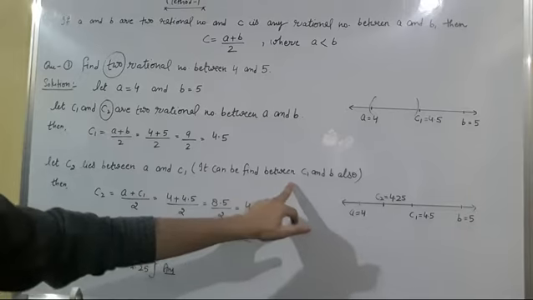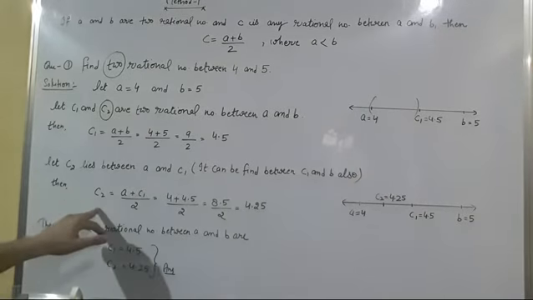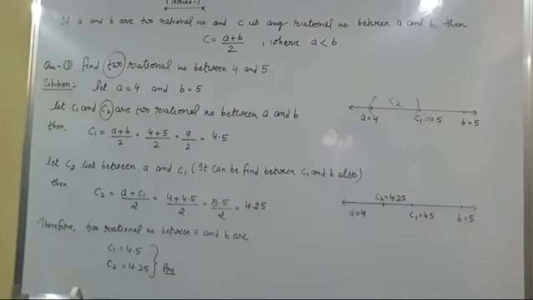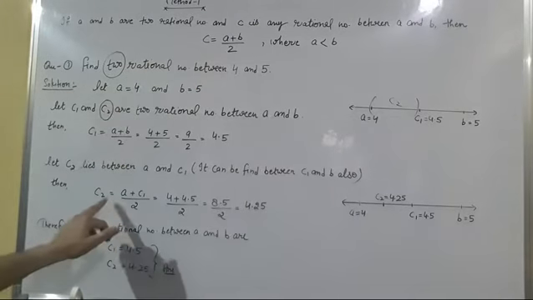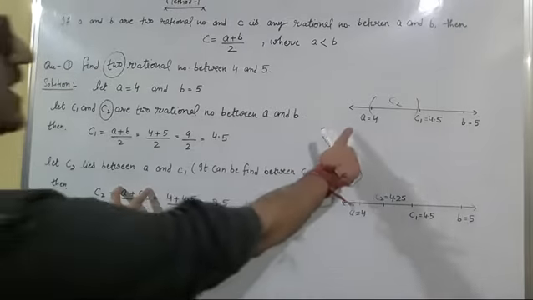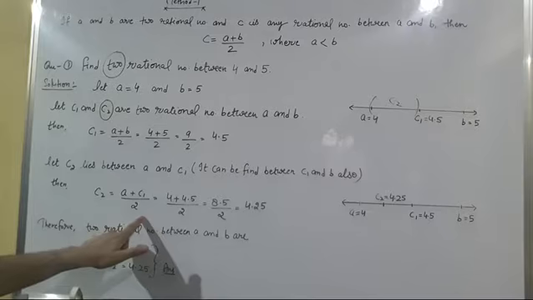It can be found between c1 and b also. So if c2 lies between a and c1, then according to this formula c2 will be equal to the average of these two numbers a and c1. So c2 will be equal to (a plus c1) divided by 2.